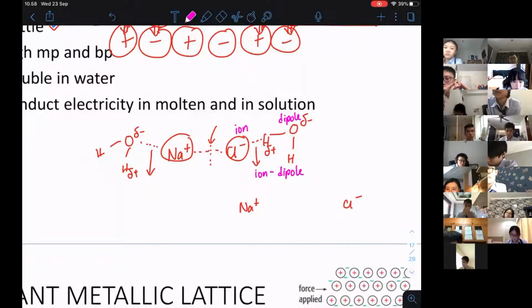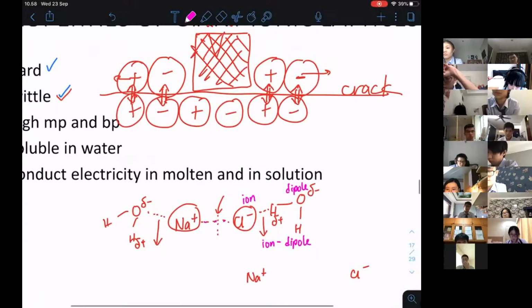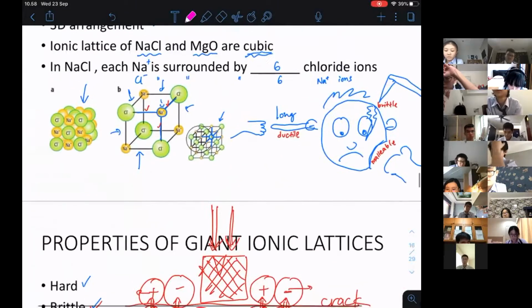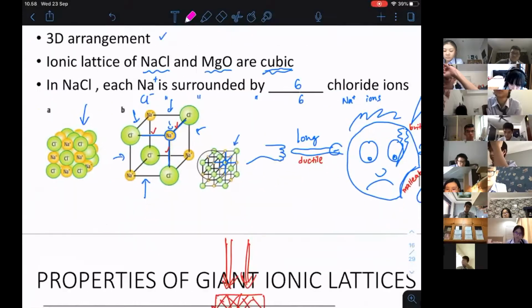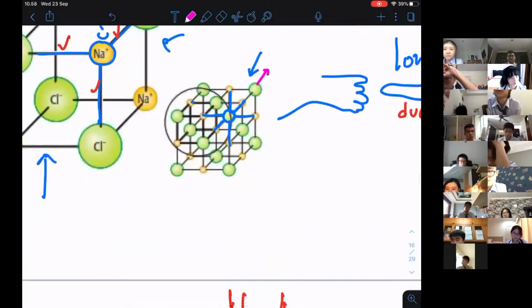This ion dipole bonding is going to be stronger and will break the electrostatic forces of the NaCl, despite the fact that they are arranged in this manner. Each of them will be pulled by these ion dipole forces of attraction, so the entire structure will be broken.